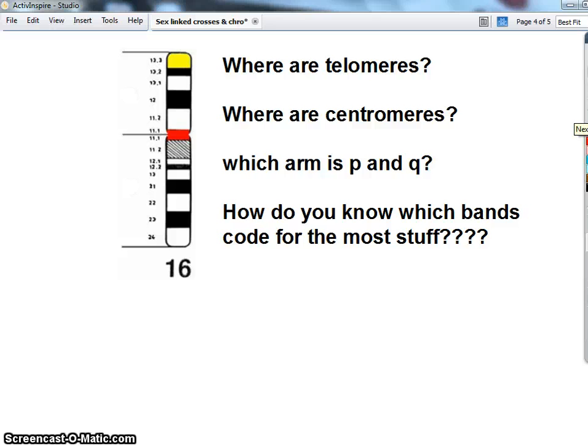The next one, this is just parts of a chromosome. So telomeres, for starters, think of like telophase being the end of mitosis. Telomeres are the ends of the chromosomes. Centromere, this one, there's only one. And the centromere, not necessarily in the middle, but it's what connects basically the top and the bottom.